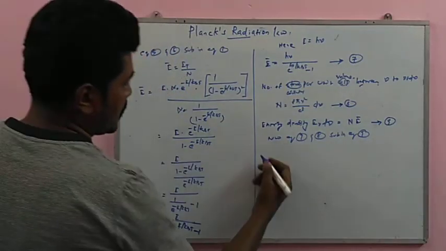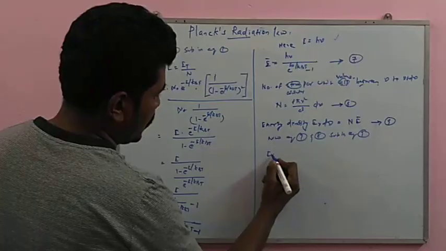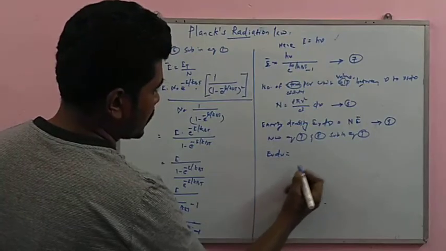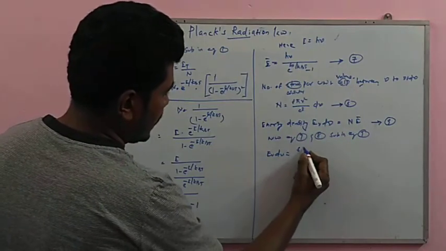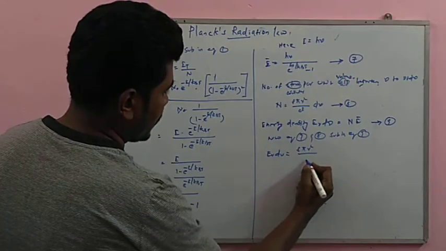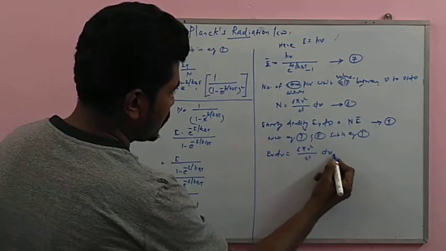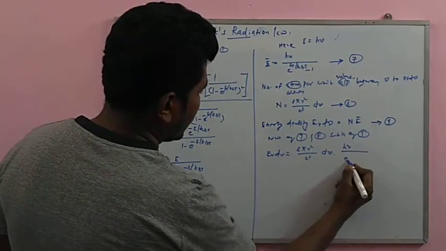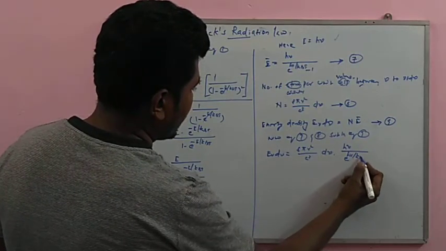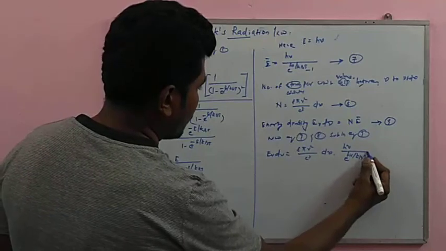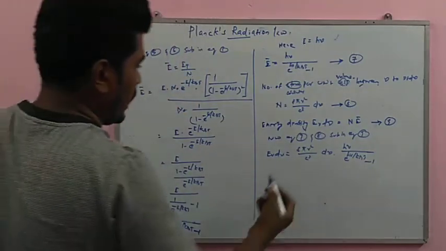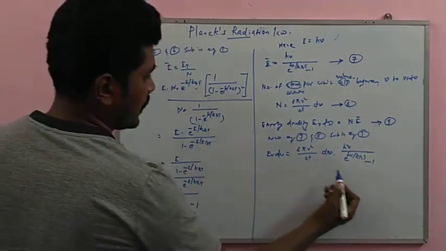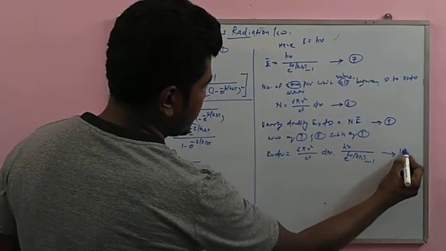So the energy density E mu d mu is equal to 8 pi mu square divided by c cube into d mu into h mu divided by e power h mu divided by kBT minus 1. Here d mu cancels. That is equation number 10.